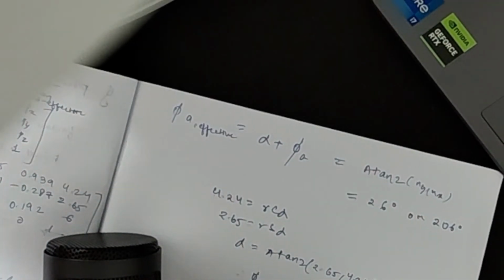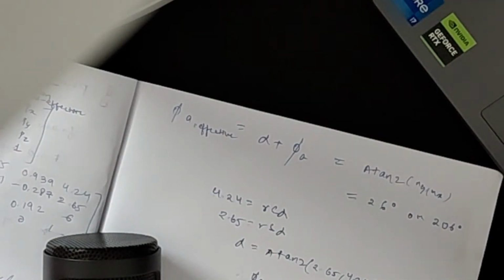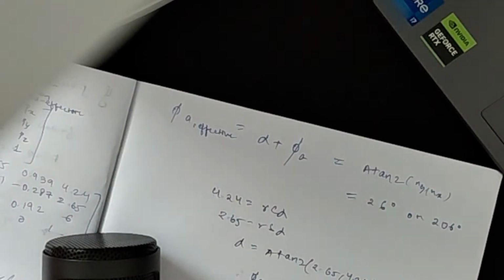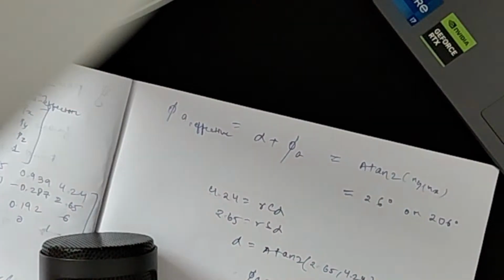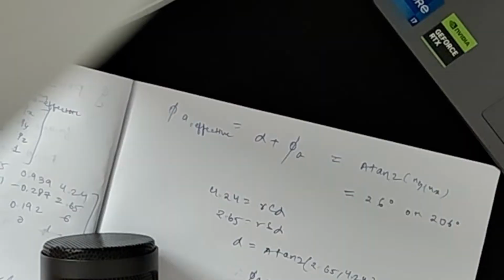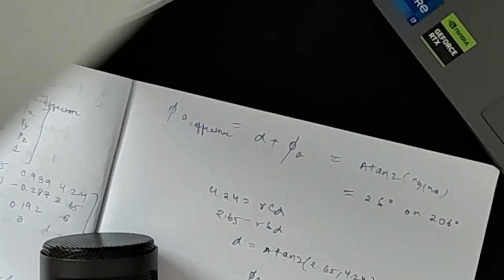Therefore, phi a is 6 degrees. Oh no, minus 6 degrees. And then r is 2.65 over sin alpha, and that's 0.53. Dz is just L, that is 6.